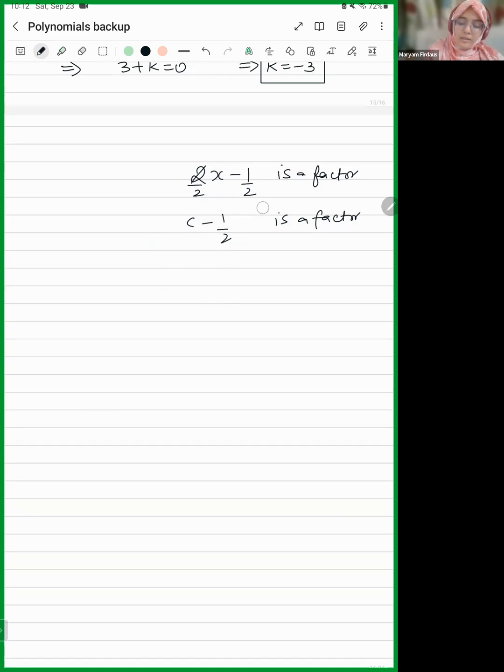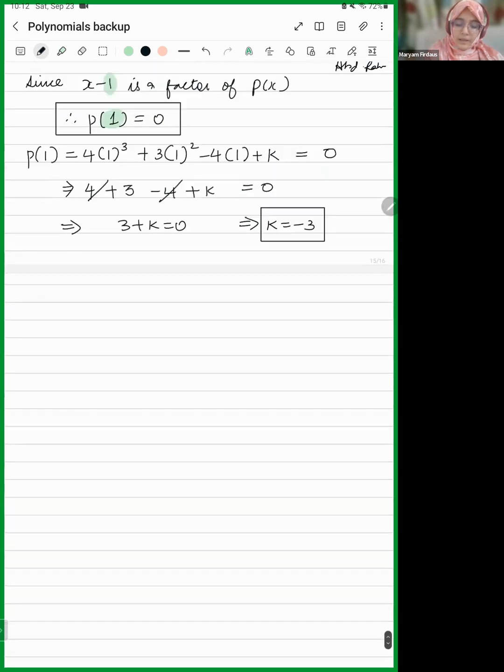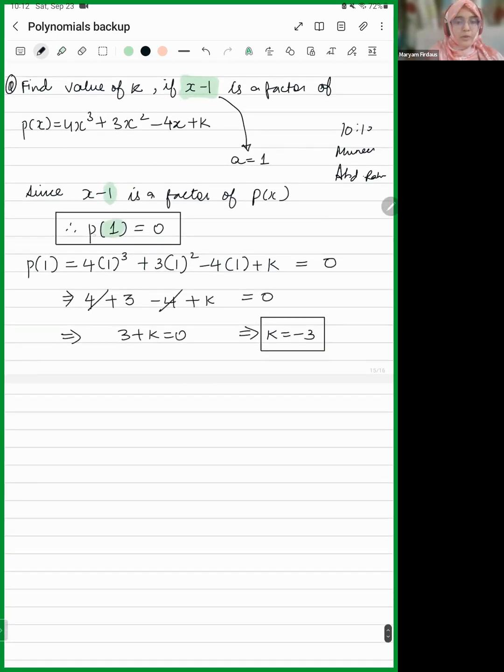So Zen, is this concept clear to you now? Yes, ma'am. So now you got why we took P of 1 as 0? Yes, ma'am. Acha, then I will give you a suggestion. After the class or tomorrow, whenever is suitable, please go through the recording of today's class, the one that you missed in the beginning. You came a little late, so you missed a few things.